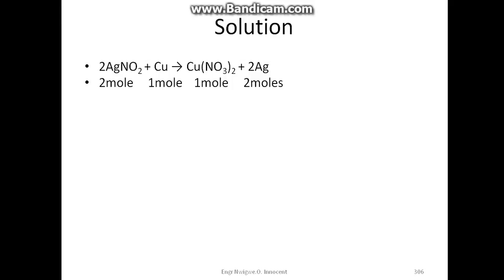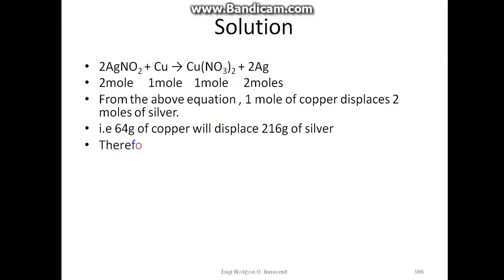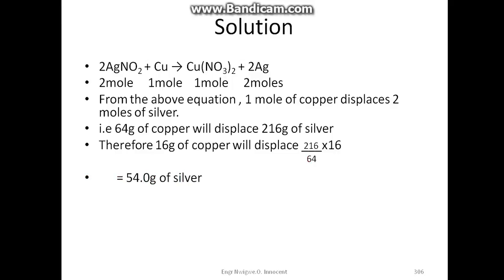That is, 64 grams of copper will displace 216 grams of silver in silver nitrate. Therefore, 16 grams of copper will displace 216 divided by 64 times 16, which gives 54 grams of silver.